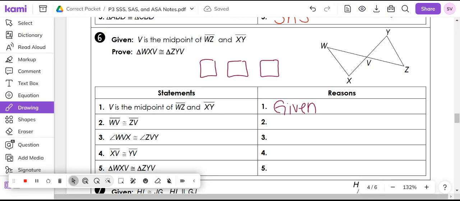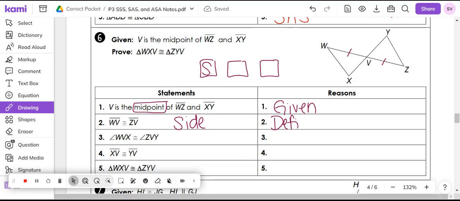So working off of that, right, I know that the word midpoint was used. So that means that something is going to be cut in half here. So if I'm looking at the next statement, it says WV, so WV is this side here, is congruent to ZV. That's a pair of sides. Okay, that is based off of the definition of a midpoint.